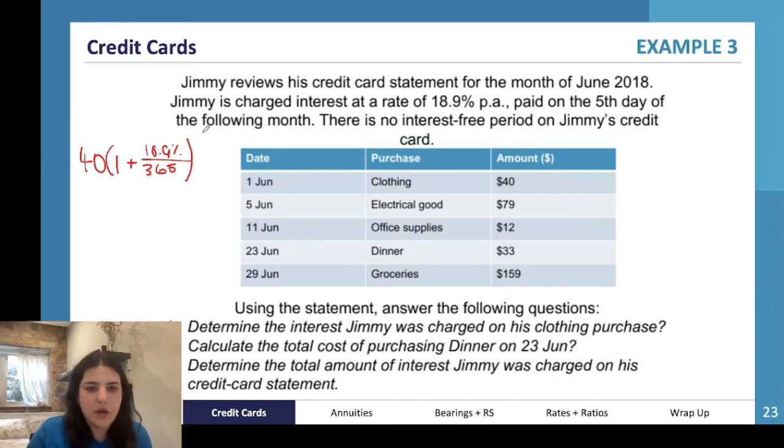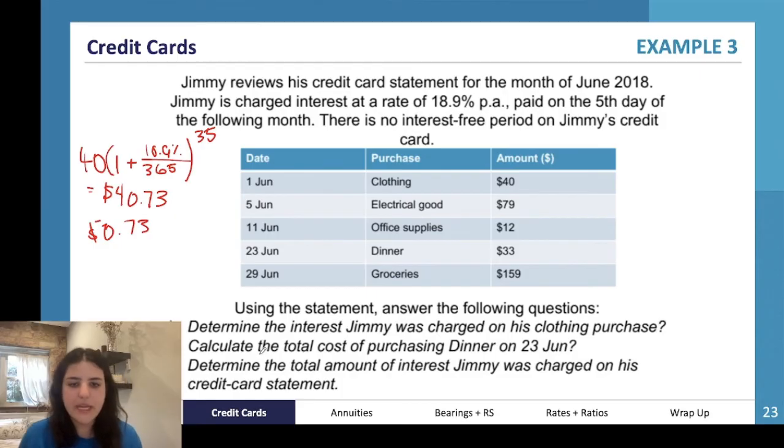So it should be 35 days. Okay, and so then once we do that, 40 brackets 1 plus 18.9% over 365 to the power of 35. He should owe $40.73 on the clothing purchase. So the interest is actually just 73 cents.